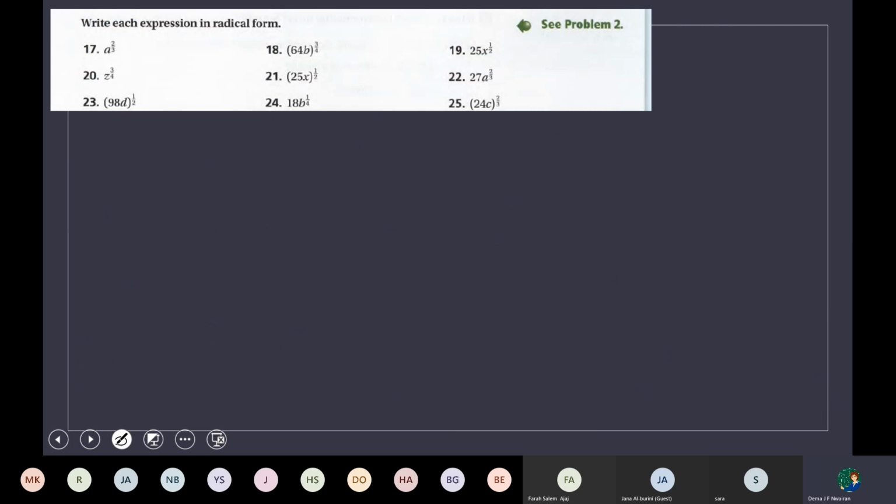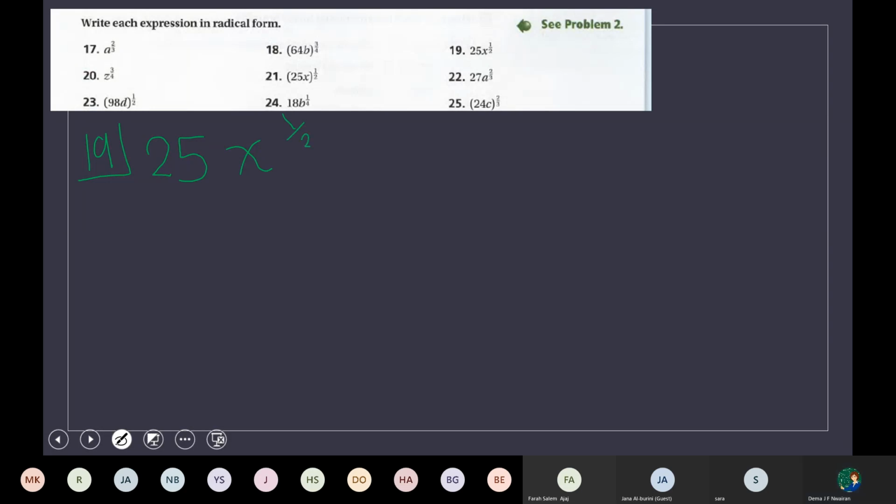Now, first of all, let's do number 19. In 19 here, you have 25 and x raised to the power half.